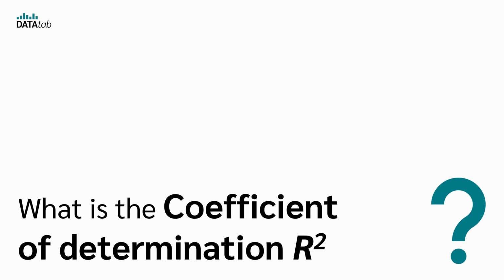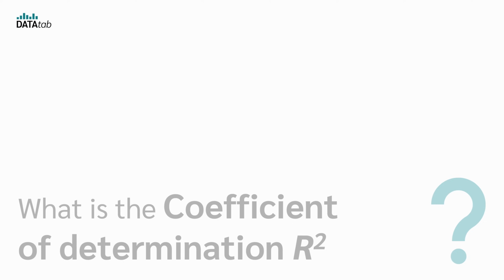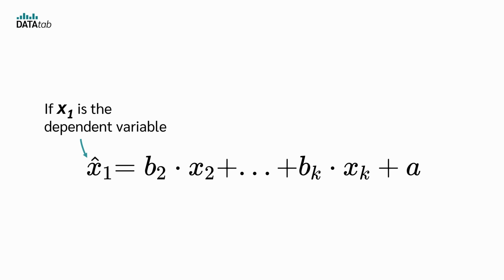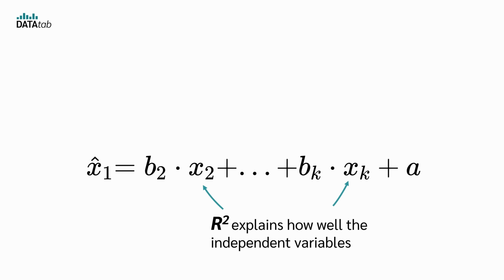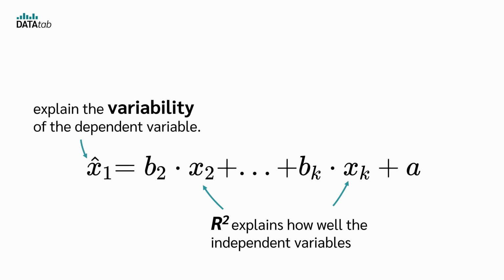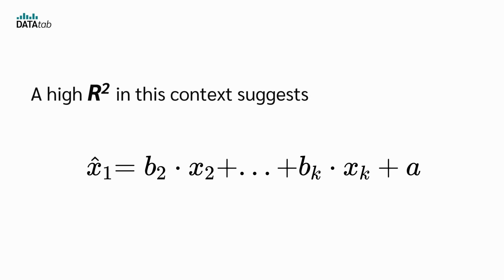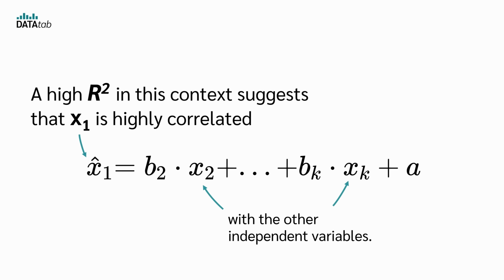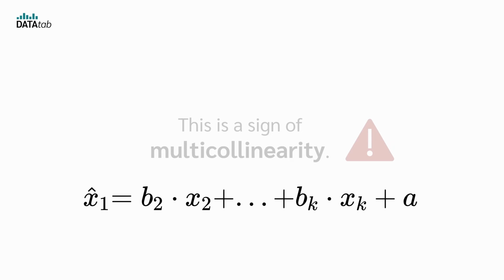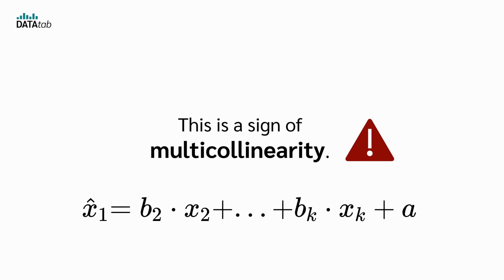What is the coefficient of determination r squared? If x1 is the dependent variable and the other independent variables are used as predictors, r squared explains how well the independent variables explain the variability of the dependent variable. Therefore, a high r squared in this context suggests that x1 is highly correlated with the other independent variables. This is a sign of multicollinearity.